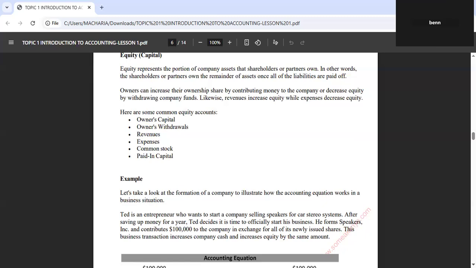He has issued shares and he has received $100,000. This business transaction increases cash and increases equity at the same time. You have received $100,000 by issuing shares. This money comes and you deposit it in the bank or you have it in cash.